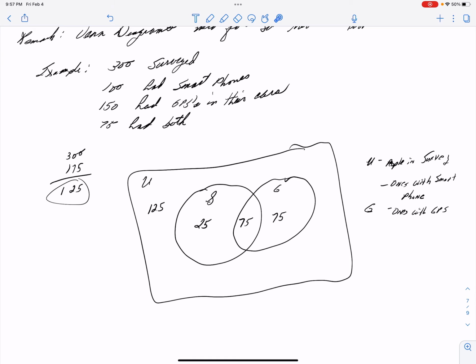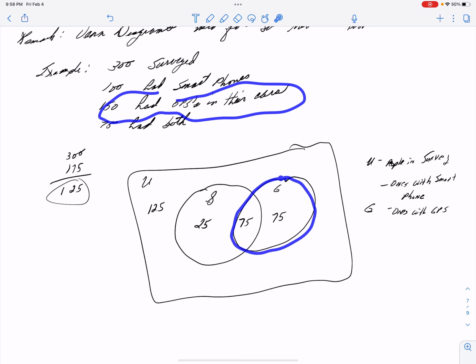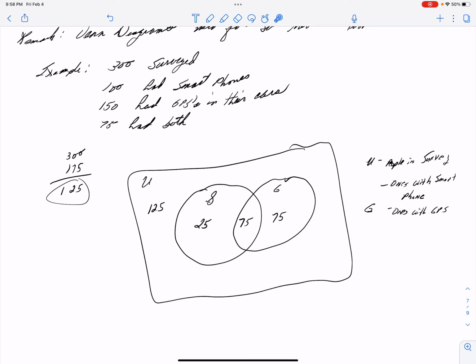Similarly, if 150 had GPSs, then the number in this circle should add up to 150. But I know that 75 was there, so that means 75 has to be in this set.